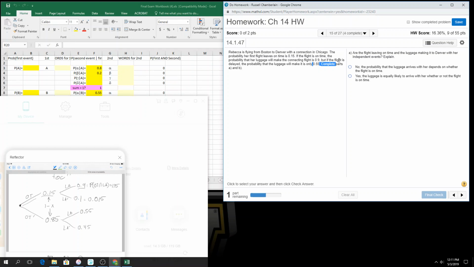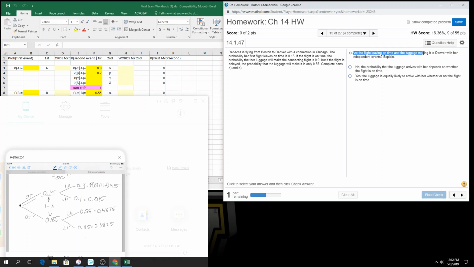Down here we've got 0.85 times 0.55, 0.4675, and that's important because they're going to ask us for 2 decimal places in a second here. 0.85 multiplied by 0.45, and I'm just prepping this so that once we're actually answering the questions, we'll already have this information in front of us.